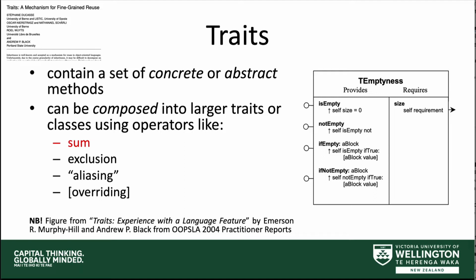That would be called exclusion. You can do other various things. In the original paper, they talked about aliasing, where you can talk about how to associate one method and one trait with implementation in another trait.